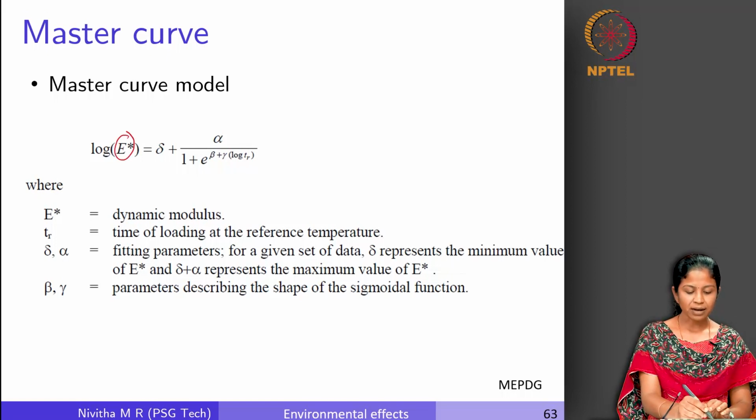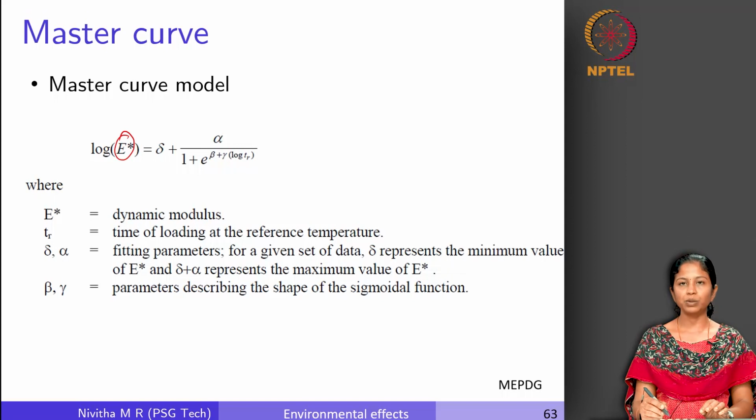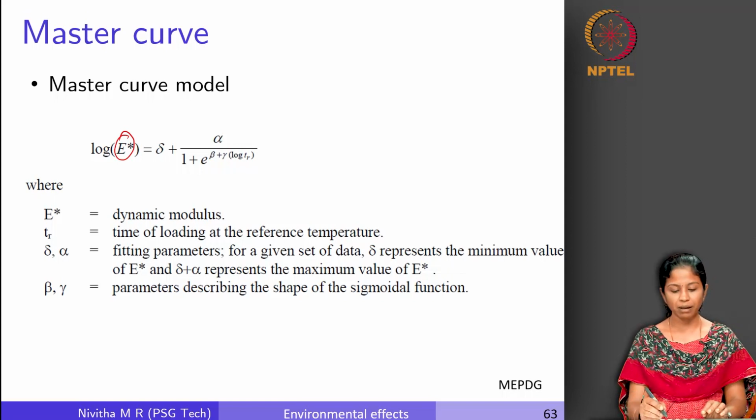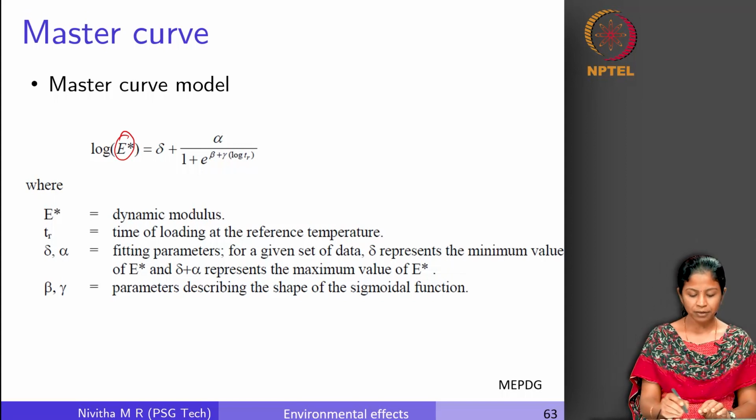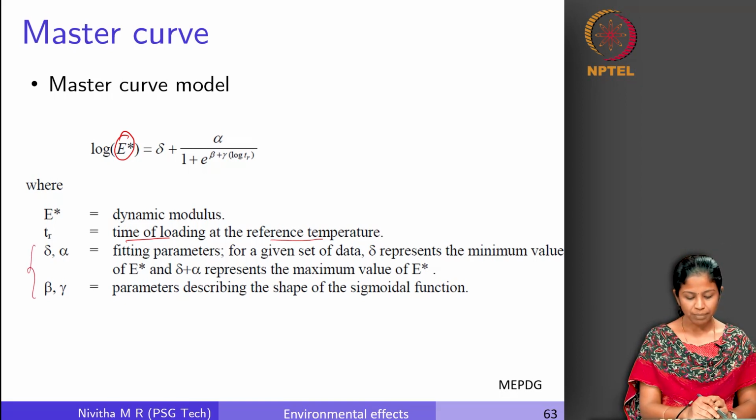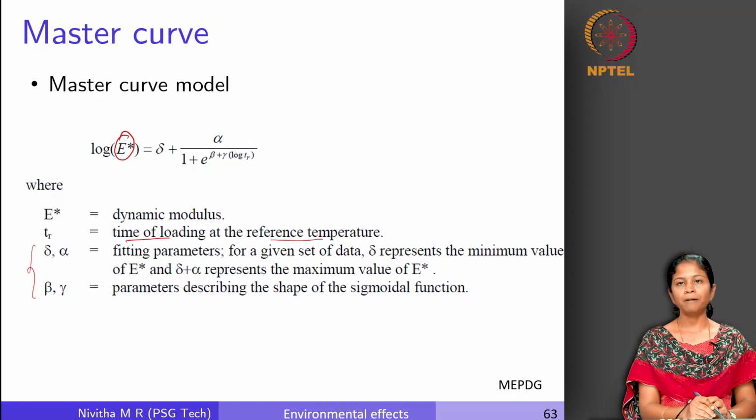So this E star, which is nothing but the dynamic modulus, is a function of the time of loading at the reference temperature, or the frequency at the reference temperature, and these are fitting parameters. All these four, delta, alpha, beta and gamma, are the fitting parameters to fit this equation.